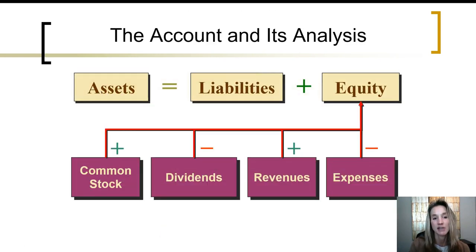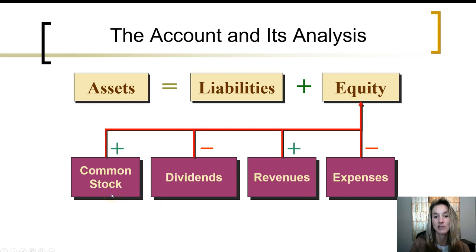Recall the basic accounting equation: a company's assets will always equal its total liabilities plus the owner's equity. Owner's equity is comprised of four main elements: common stock, or the amount of owner investments; revenues and expenses, a measure of the company's profitability; and any amount of those profits that have been paid to the owners in the form of dividends.